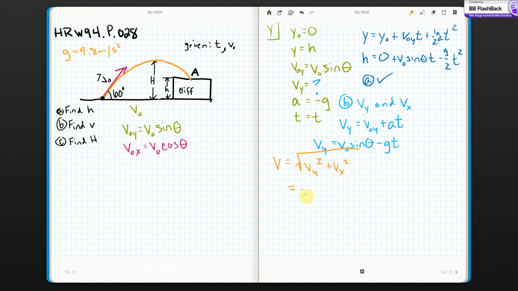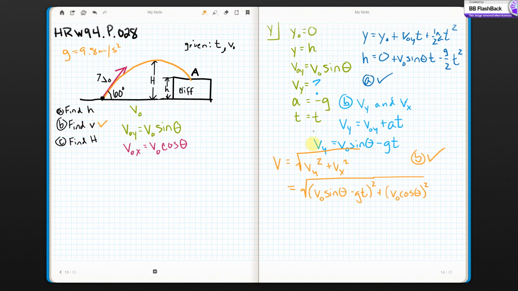So the square root of, let me be a little more careful drawing here, v naught sine theta minus gt, squared, plus v naught cosine theta, squared. All of these you have numbers for, so you can get your answer for v. That will be the answer, and so b is done. Boom. I should probably check these off over here.